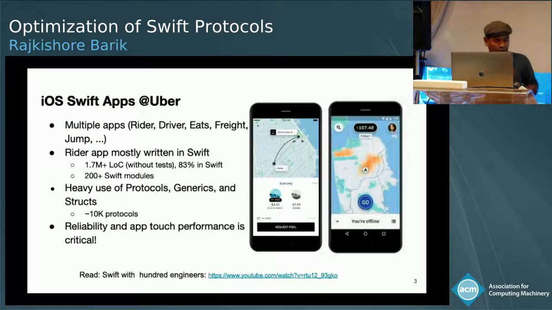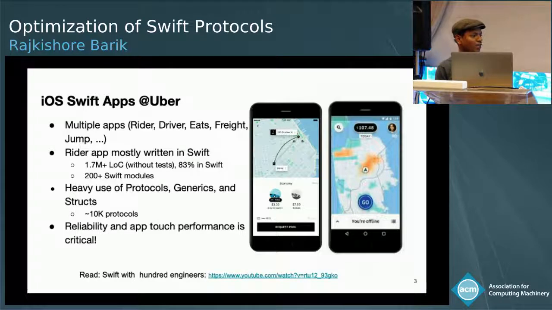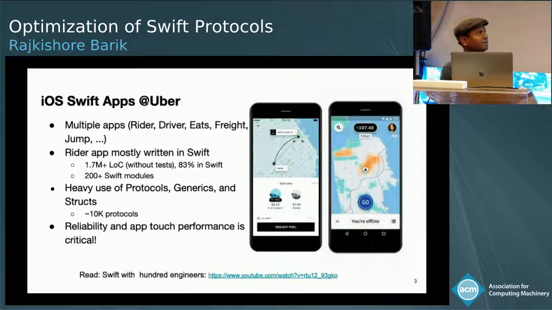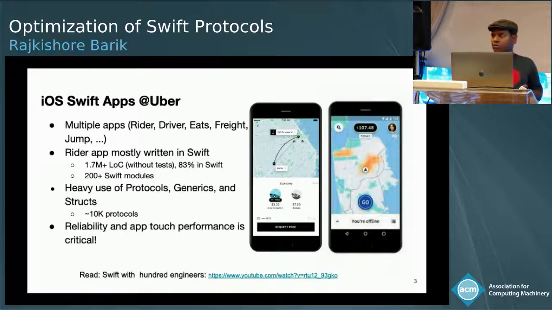Okay, so we have a bunch of Uber apps that are targeting both iPhone and Android. In particular, for the iOS side, the Rider app, which is used by millions of people in the field, is mostly written in Swift, and it consists of about 1.7 million lines of code, out of which 83% is Swift, and the remaining is Objective-C.